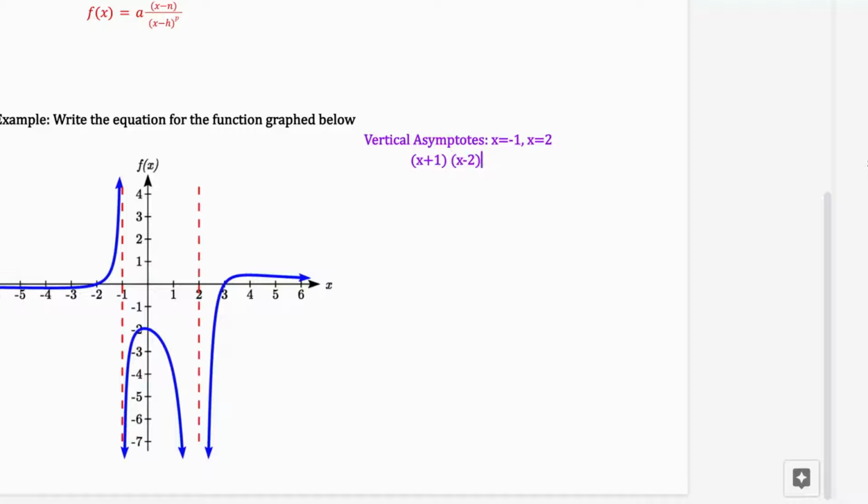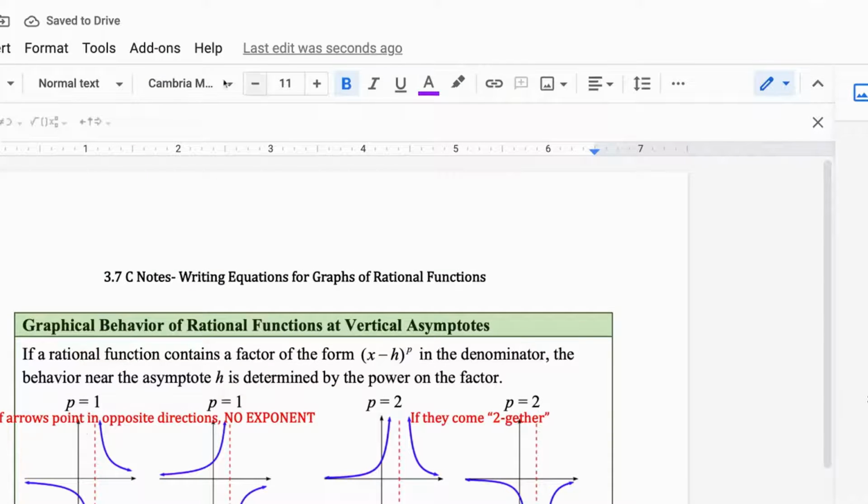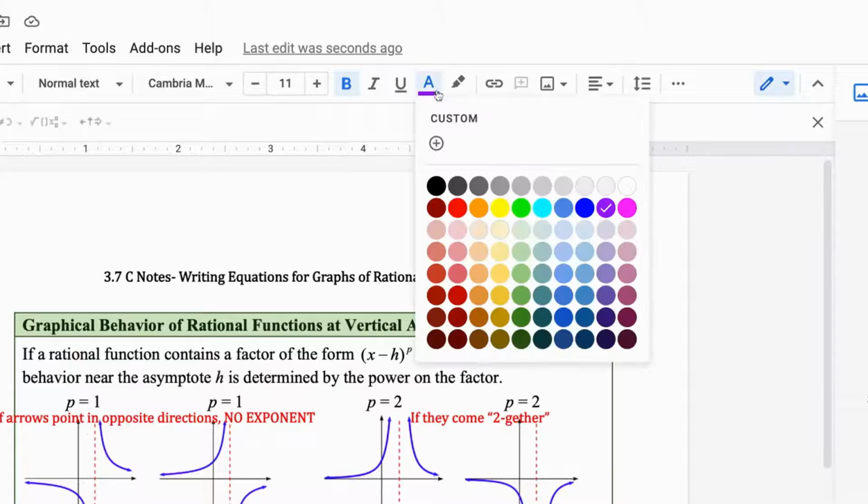So now I'm going to start looking at what is the behavior, what is going on right there. Sorry, pulling this over here because I want to start writing my equation. Remember, we have to put it in the numerator and the denominator. So I'm going to change it to pink.